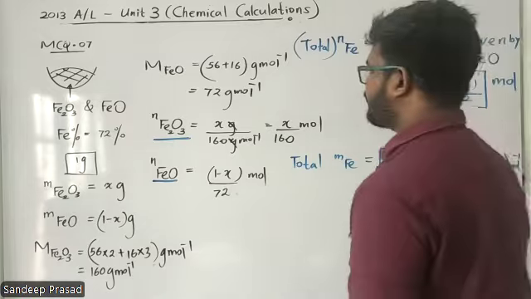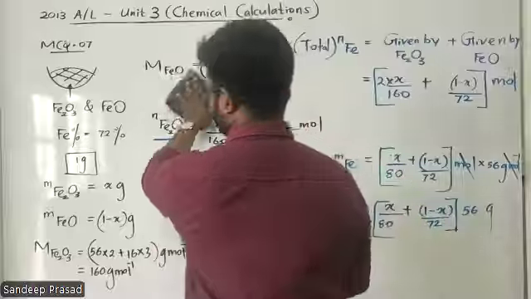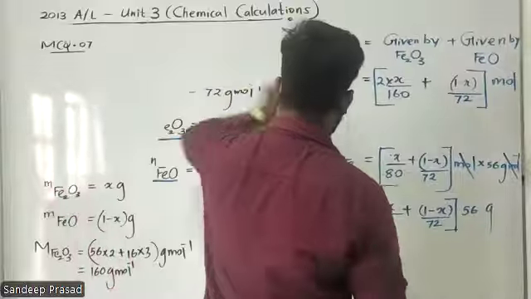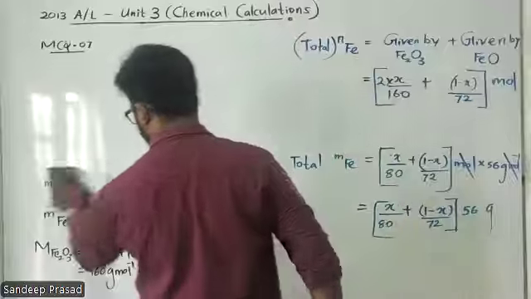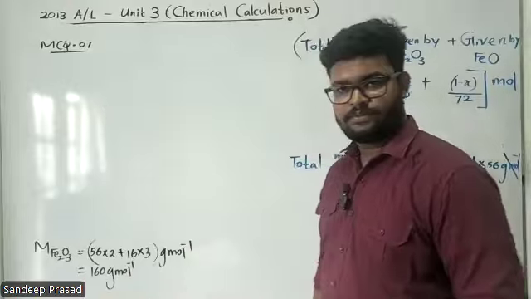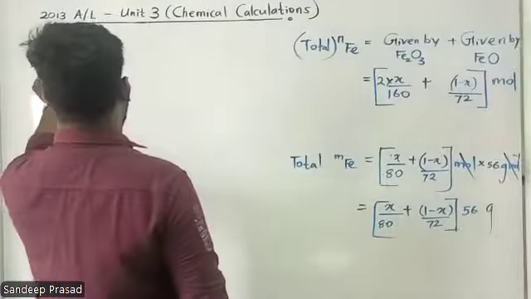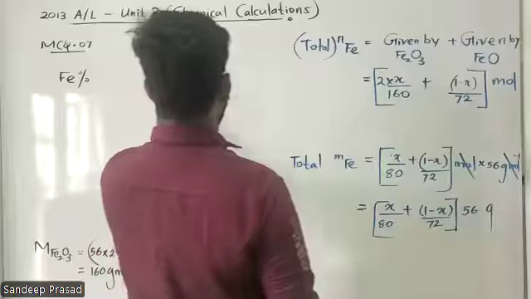Right, okay, now remember students, our target is to find the x value. In the question they have given that the total iron percentage is 72. Then we can use that information.